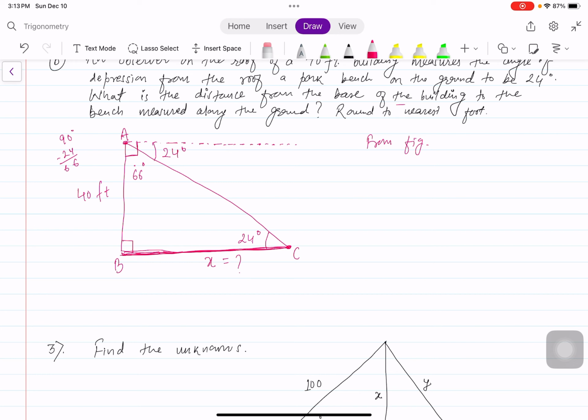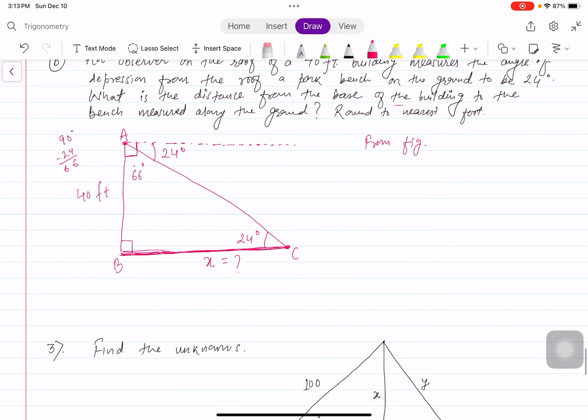Opposite and adjacent involves tangent. So tangent of 24 degrees equals opposite over hypotenuse. The opposite side is 40 feet over hypotenuse. Oh, sorry, not hypotenuse, adjacent. I made a mistake here, so be careful while you write the solution. Adjacent is x in this case.